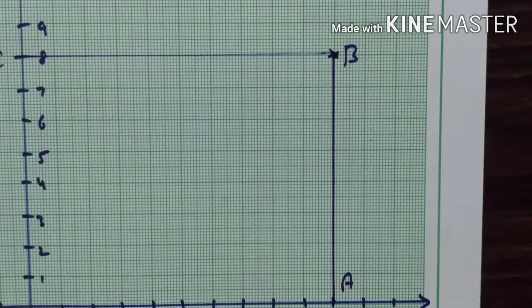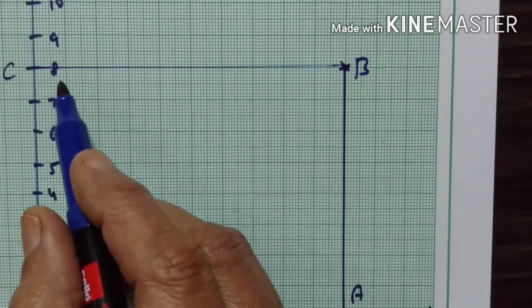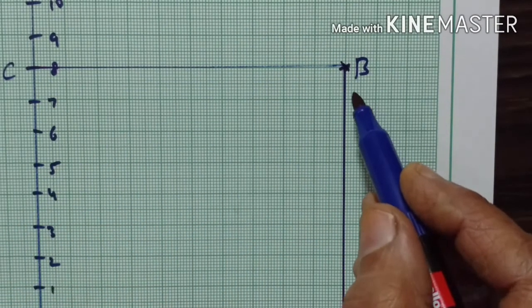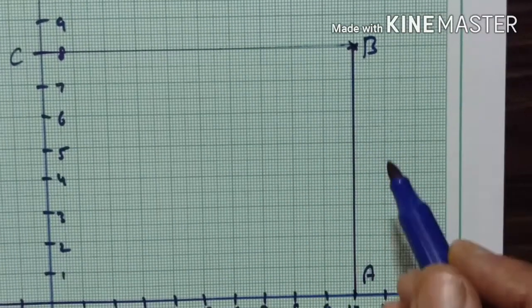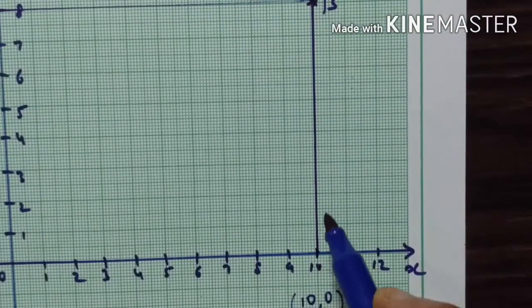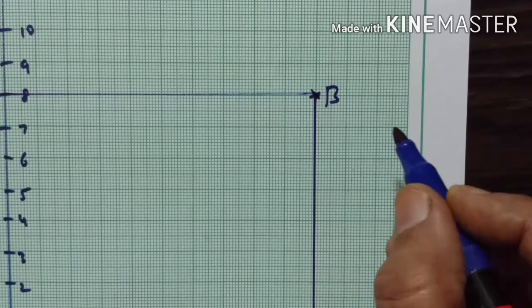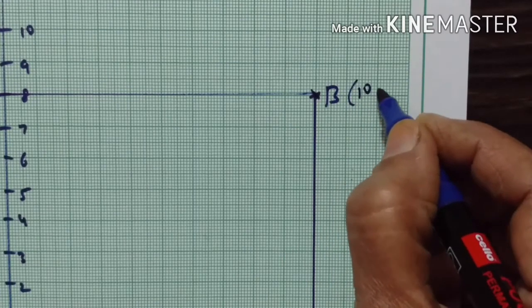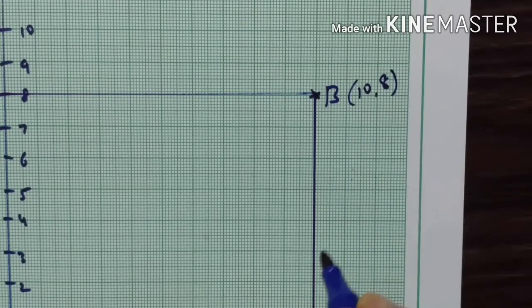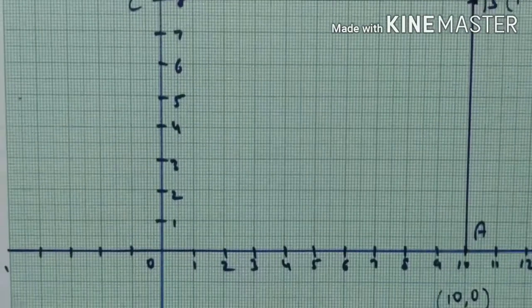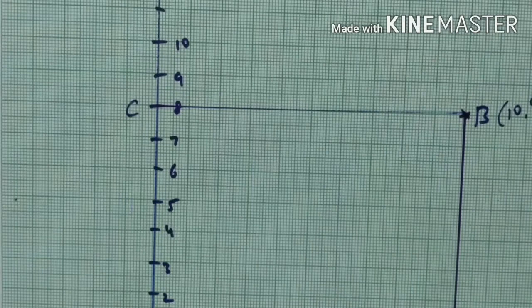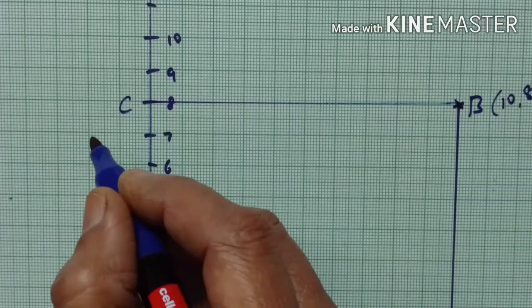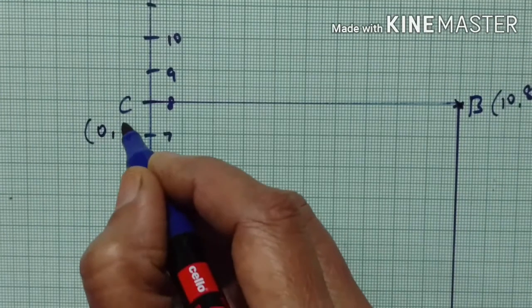B: x is 10 and y is 8. C is x is 0 and y is 8. 0, 8.